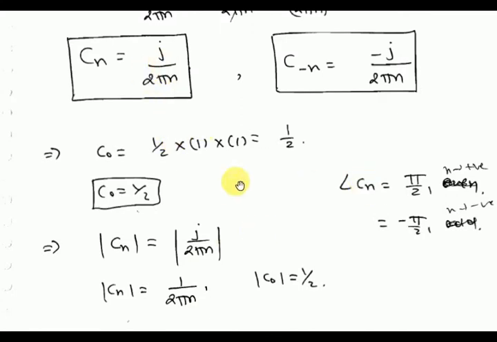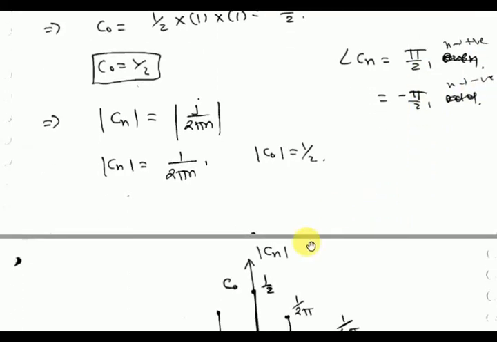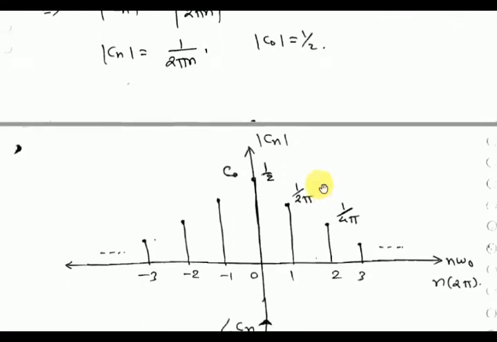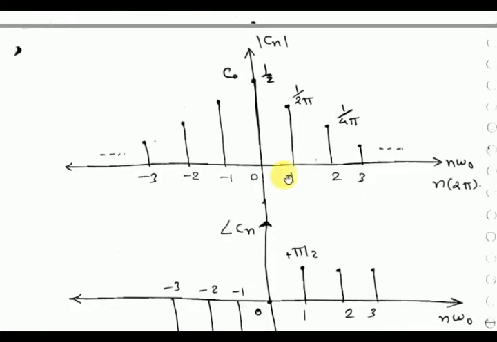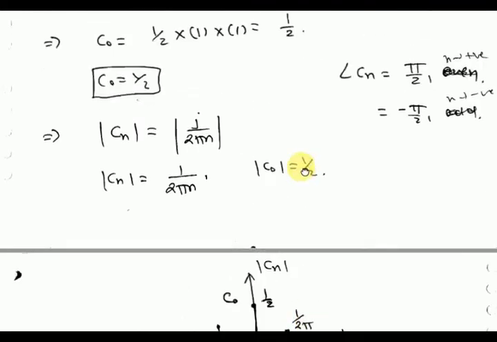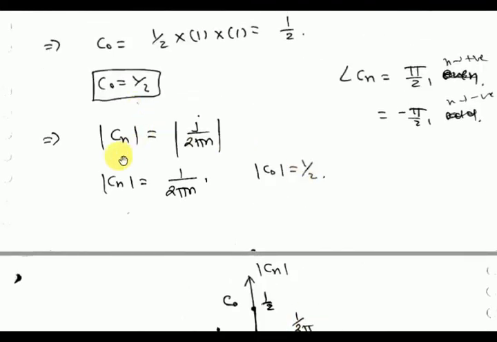Angle of Cn will be pi by 2 for positive and minus pi by 2 for negative. Then you can draw the Cn plot, for magnitude as well as phase plot, both will be different. Mod Cn is like this because, you can't think that once we find Cn, we put n equal to 0 and find C naught.